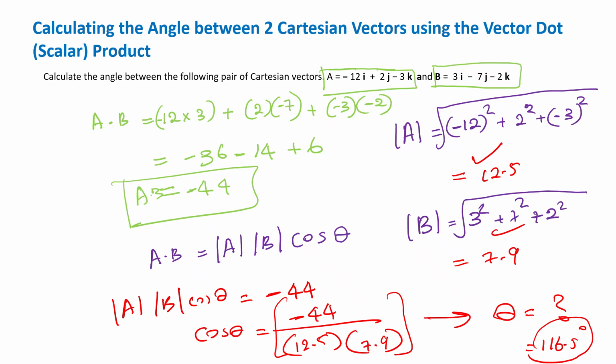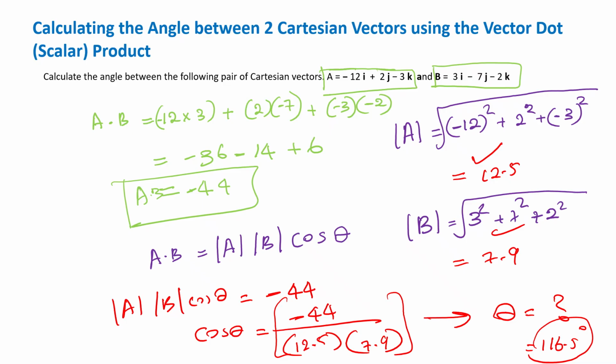A component is like the shadow on another direction, isn't it? If you have finished this, I can explain it with this too. How to find the component of A on B.